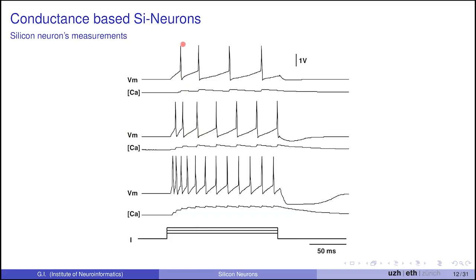So whenever there is an output spike, it increases the calcium channel, which decreases the input current. It subtracts current from the capacitor. So the net input current is the input current that you have here minus the one that you get from the calcium current. So you can imagine if after one spike you have less current, after two spikes you have even less current, and after three spikes even less. So the more the number of spikes, the less you get the effect of the input.